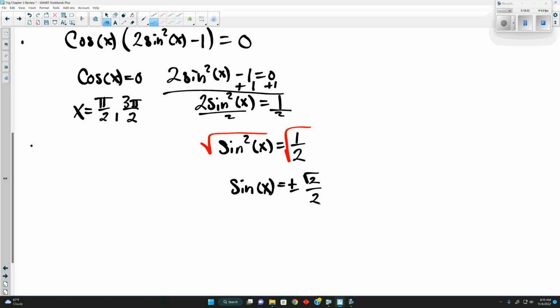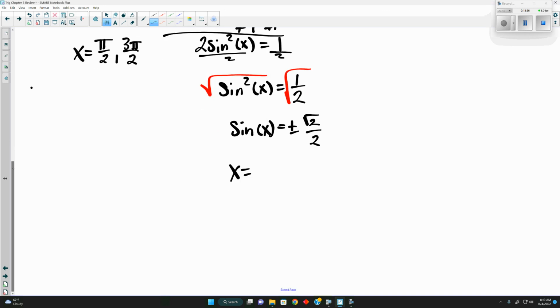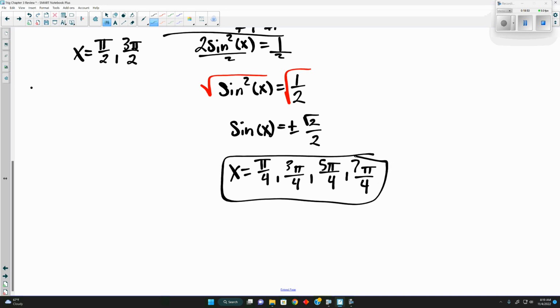And because of the plus or minus, and that this is between 0 and 2 pi, we have all the values of square root 2 over 2 for sine of x. So we have pi over 4, we've got 3 pi over 4, we've got 5 pi over 4, and we have 7 pi over 4. So we have all these here.